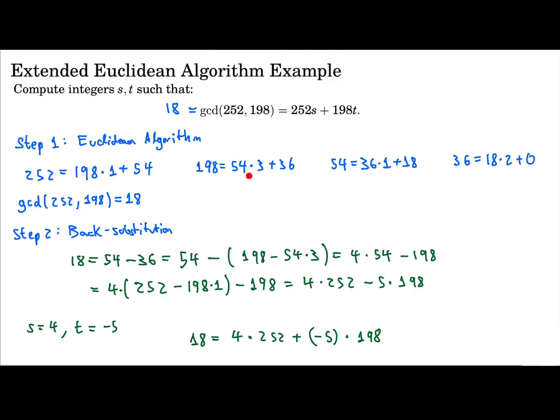So it's this part here. And you can simplify it. And now we go to this equation, and we write out the 54 as 252 minus 198, and we replace. And you can see that when you're doing all these replacements, what you will end up with is an equation that depends only on 252 and 198. And this will give us exactly what we were looking for. So we'll be able to find our s and t.